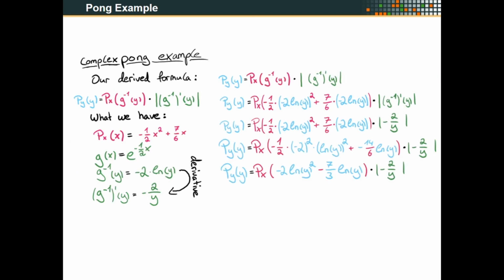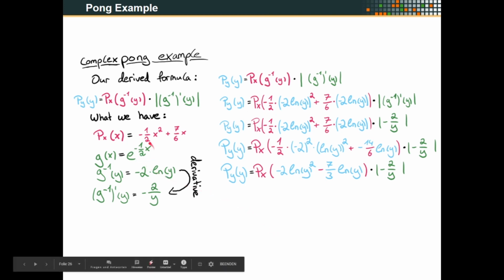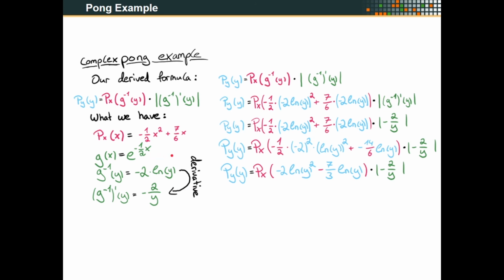We now do exactly the same computational steps we took while explaining the easy beer pong example with the more complex function e to the power of minus 1/2 x. You still simply substitute every x by the inverse function g^-1(y) in our given probability density p(x).